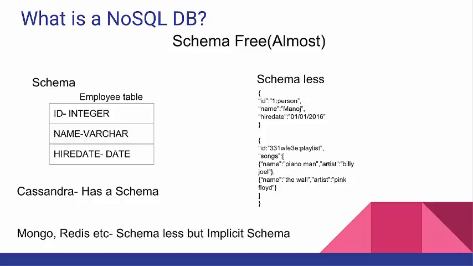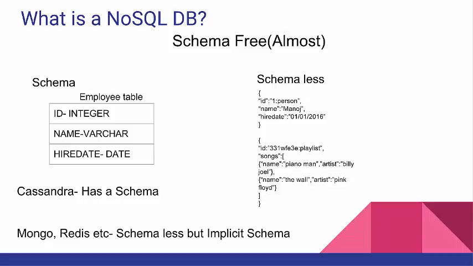Not all NoSQL databases are schema-less. Cassandra, for example, has a preset schema which is very similar to a relational database like Oracle or MySQL. They did this to allow for a smoother transition to NoSQL for traditional relational database users. A database like MongoDB is supposed to be schemaless, but I can argue that there is an implicit schema within that document.